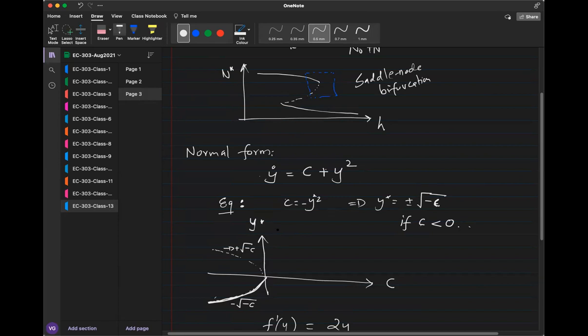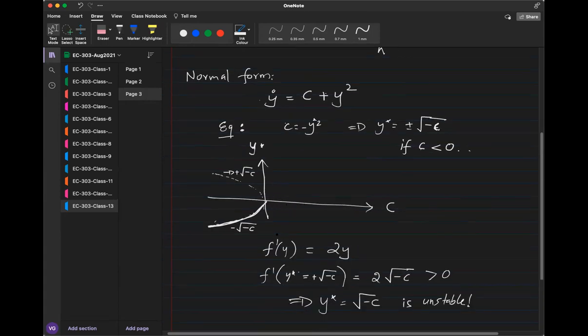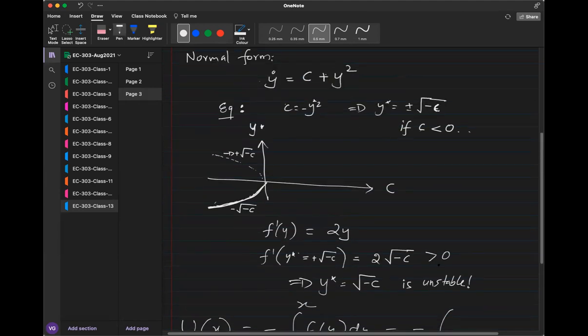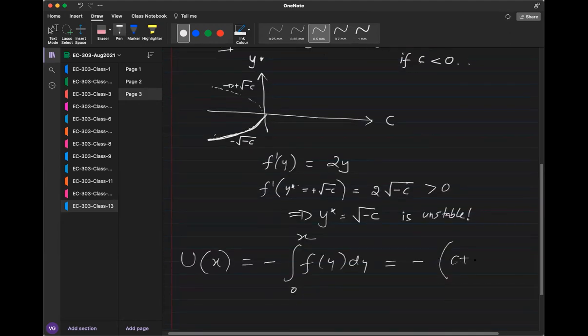Now, why am I doing all this? I now want to plot the potentials for this. How does the potential look for this system? Let's plot the potential. U of x is the integral of f of y dy from 0 to x. So what is that? Minus the integral of c plus y square dy from 0 to x.